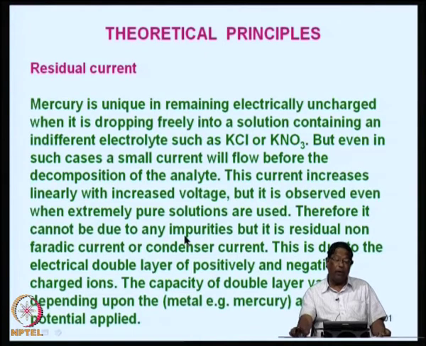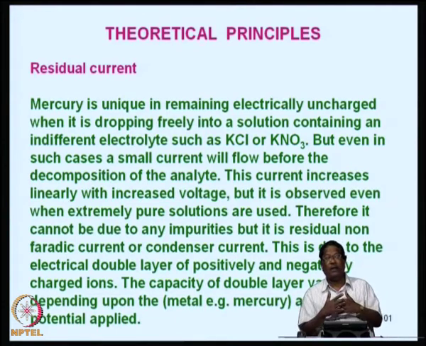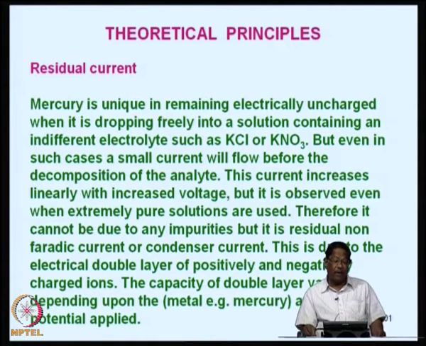Therefore, it cannot be due to any impurities, because you will see the same thing when you use very highly pure chemicals, but it is the residual non-Faradaic current. That means, it does not result in the reduction at the electrode, but it is a non-Faradaic current. That is why it is known as non-Faradaic current or condenser current.